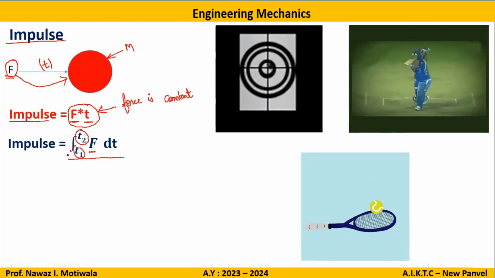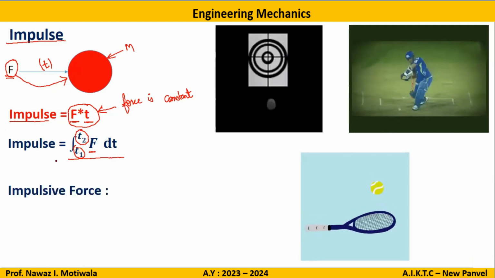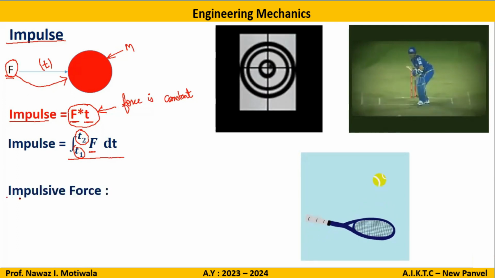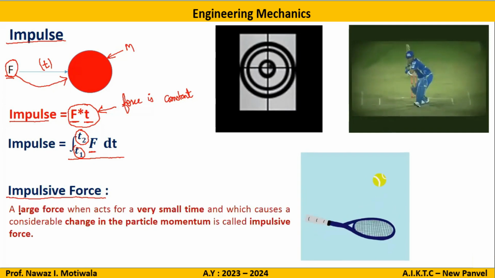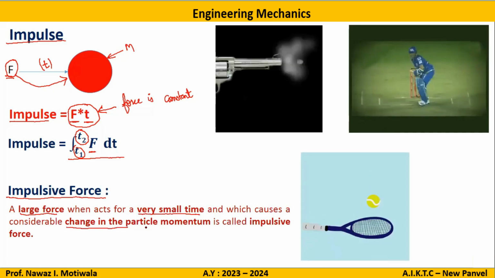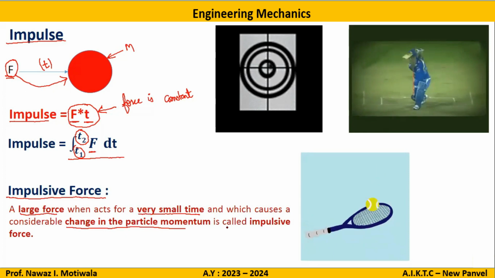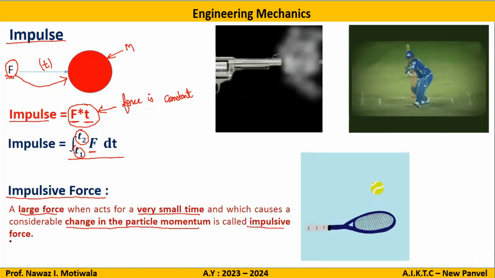Now let us go through another term which is known as an impulsive force. A large force which acts for a very small amount of time and causes a considerable change in the particle momentum is called an impulsive force.